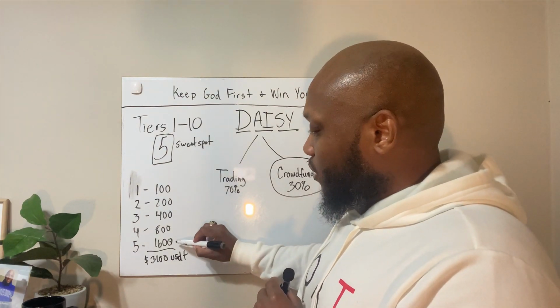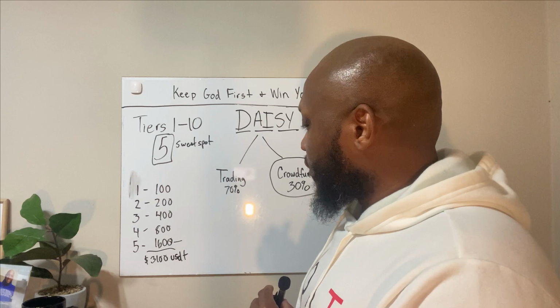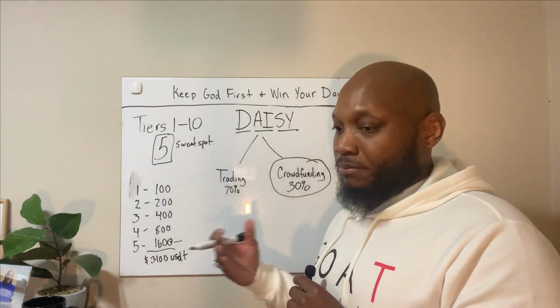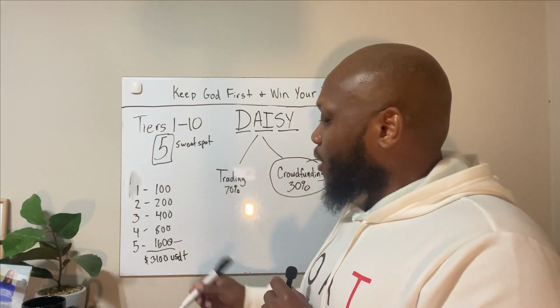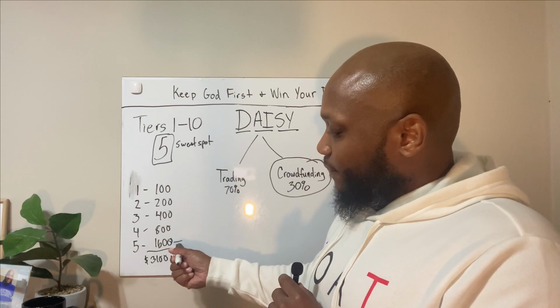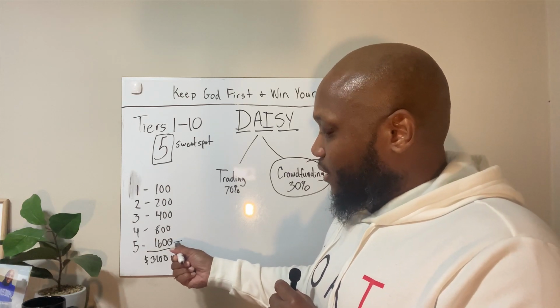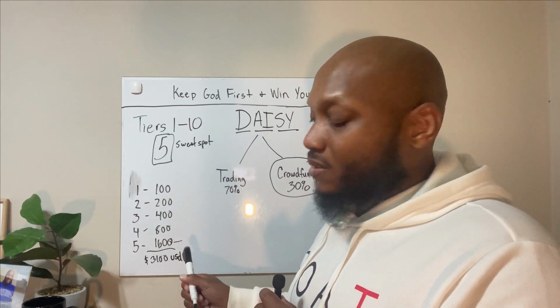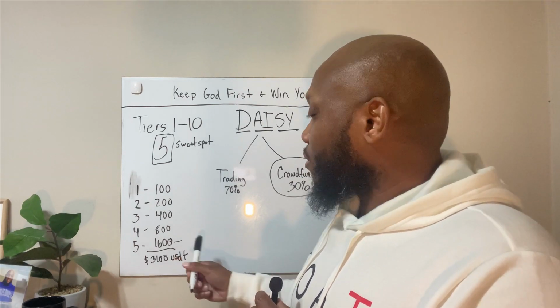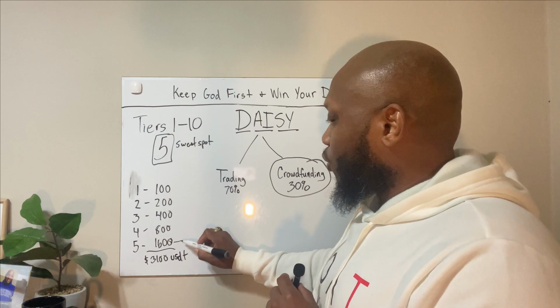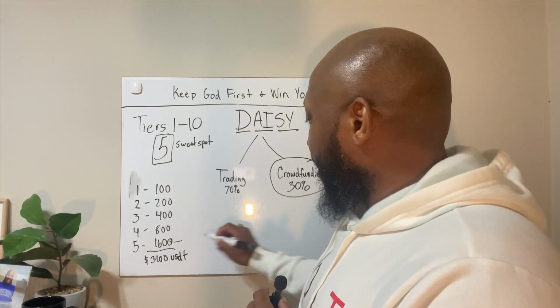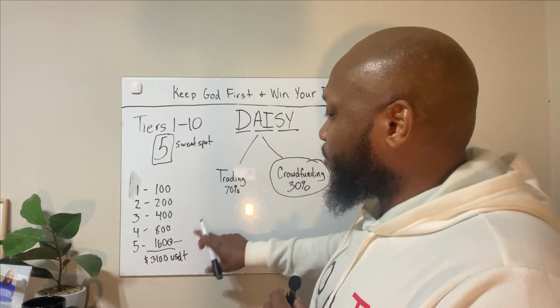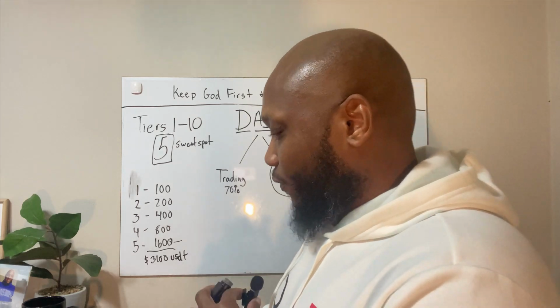I'm going to speak specifically to this because you'll see this when you contribute. Once you get to tier 5, that individual tier is $1,600. Out of that 1,600, 30% is going to go into the crowdfund and 70% is going to go into the trading.